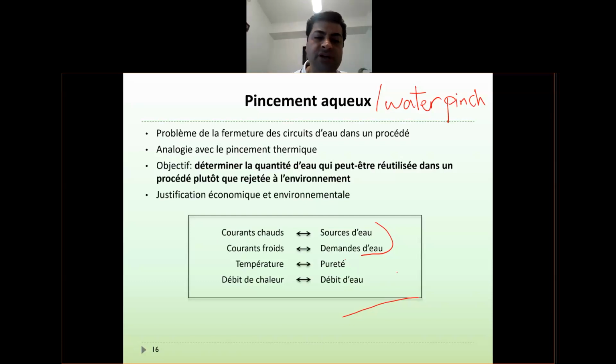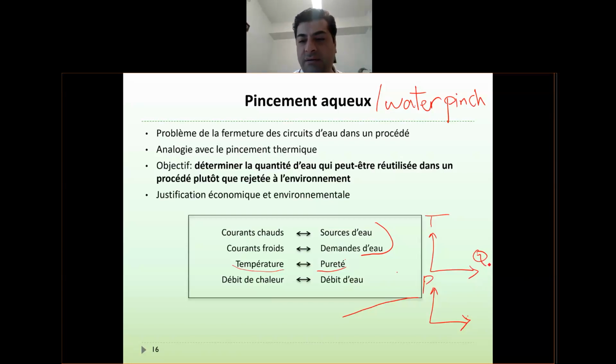So in water pinch we are talking about purity, while in thermal pinch we are talking about temperature. In our curves, if you remember, we had temperature versus Q. But in water pinch, we have purity or concentration versus flow rate or mass flow of water.